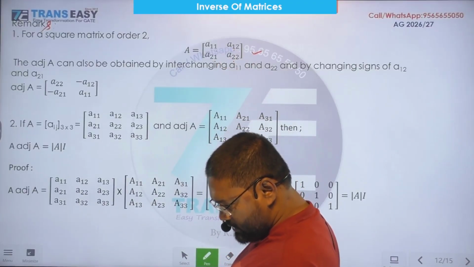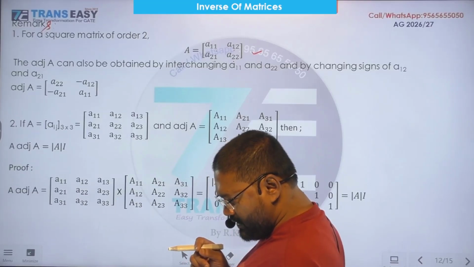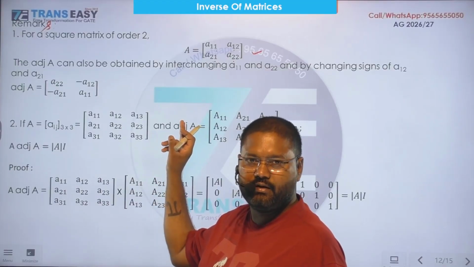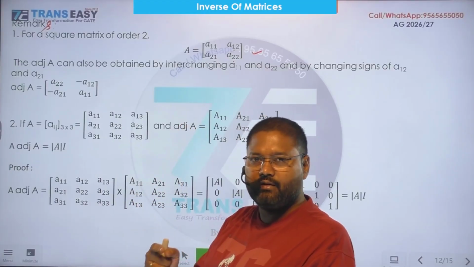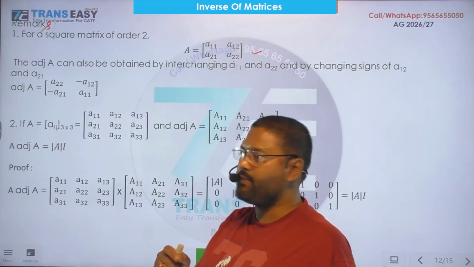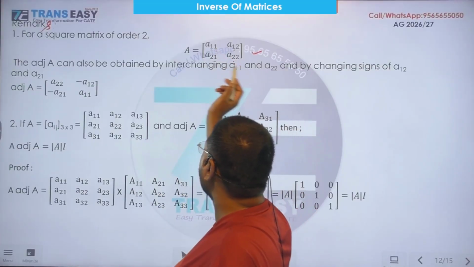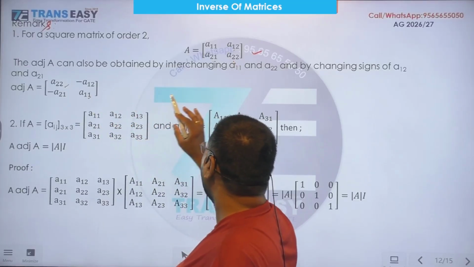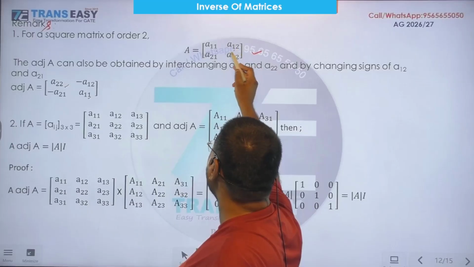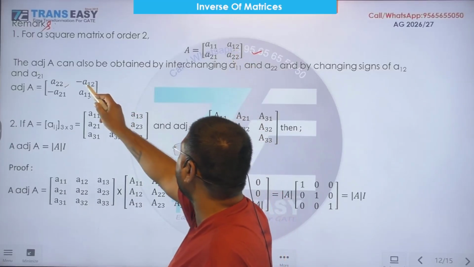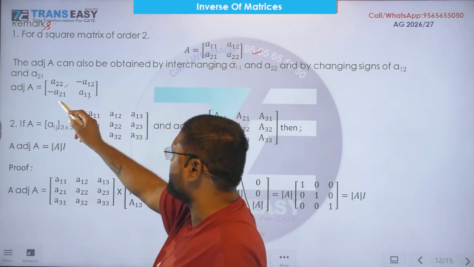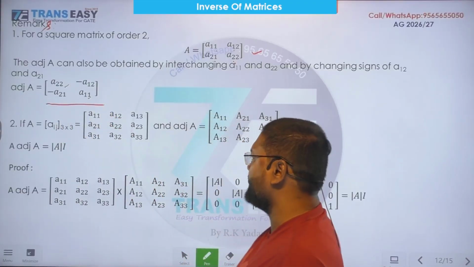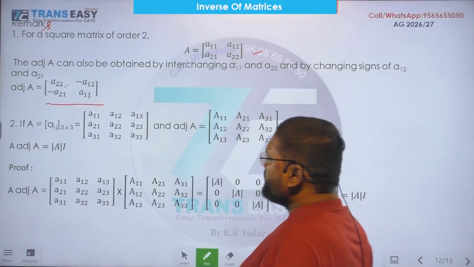For a square matrix of order 2, we can directly find its adjoint using this shortcut: interchanging principal diagonal elements, so a11 becomes a22 and a22 becomes a11, and changing the sign of off diagonal elements, a12 becomes minus a12, a21 becomes minus a21. The resulting matrix is called adjoint of A. This is a shortcut technique. Proof की जरूरत नहीं है.